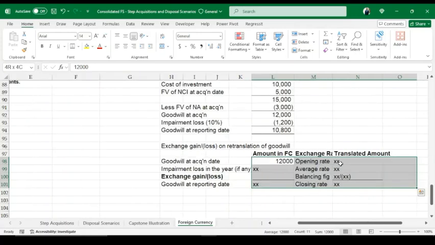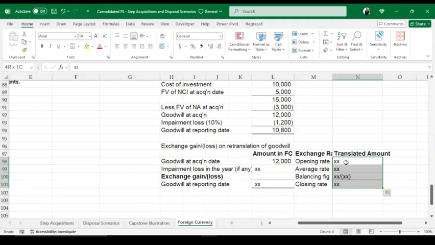With zero decimal places, they should also be calculated with 0 decimal places, and then our exchange rate will also be there. So goodwill at our acquisition date was 12,000.